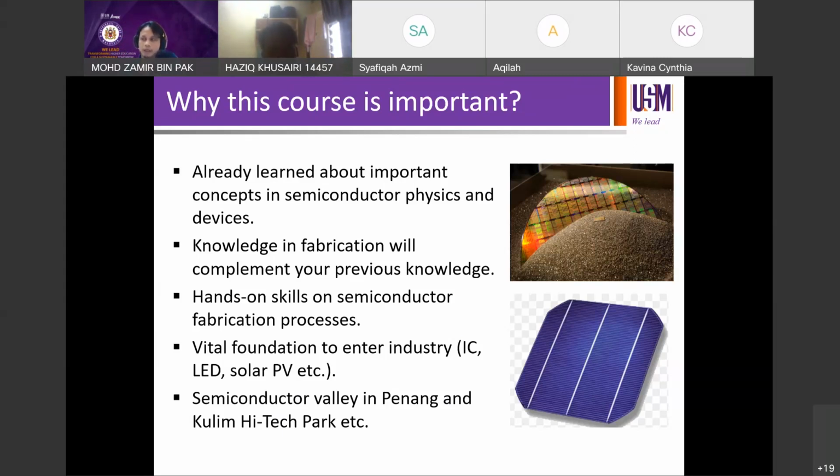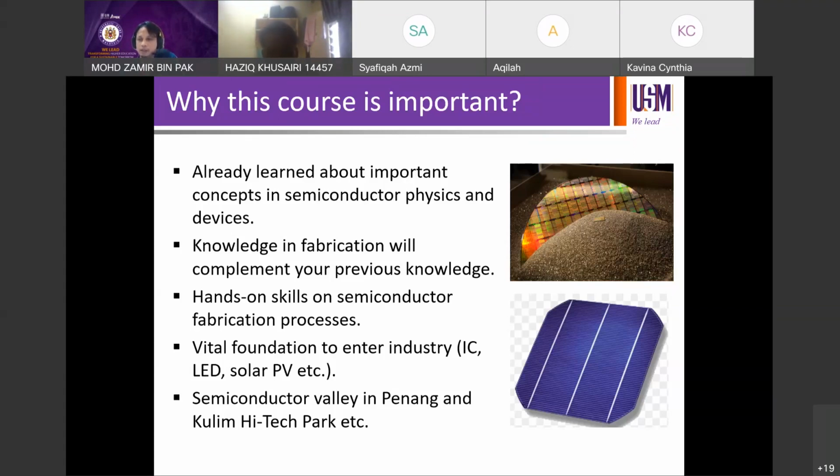Okay, recently, if I can share, I just had a meeting with GF Singapore last week. I got a message from the senior director of process integration to look for our students, USM students, in particular applied physics. Not to say that others cannot, in particular applied physics and engineering schools. Because for applied physics, you learn the physics and devices, and then you learn the fabrication.